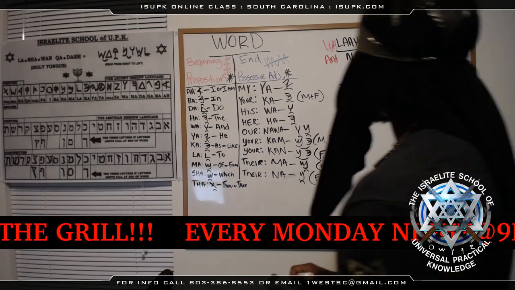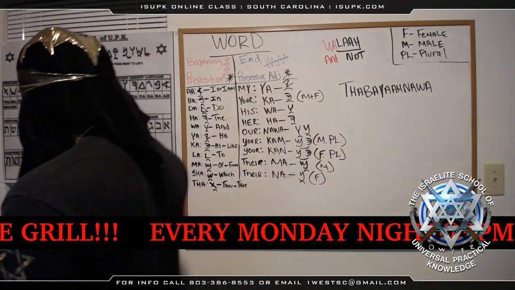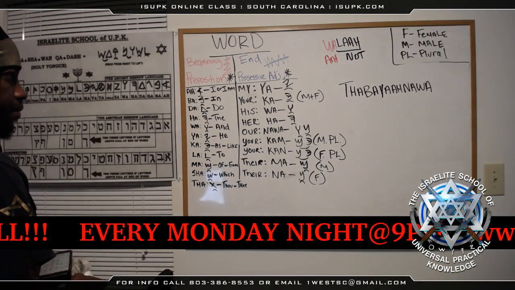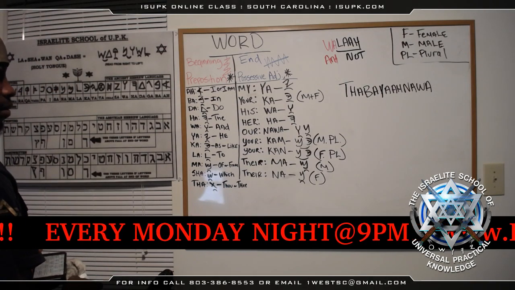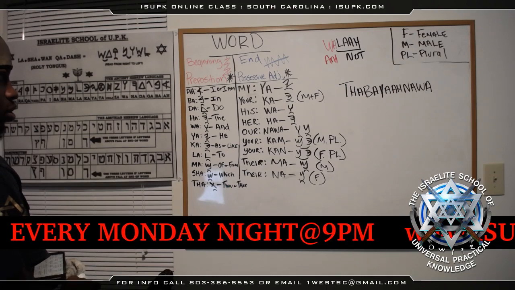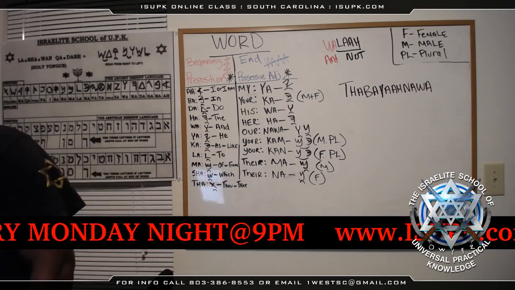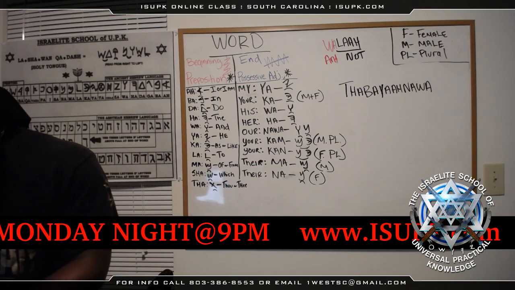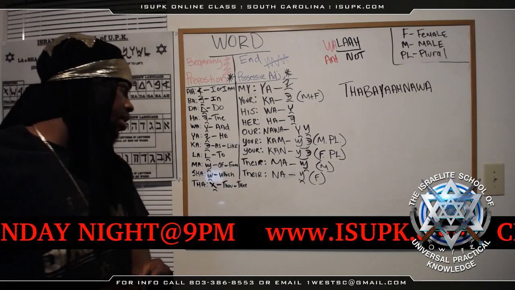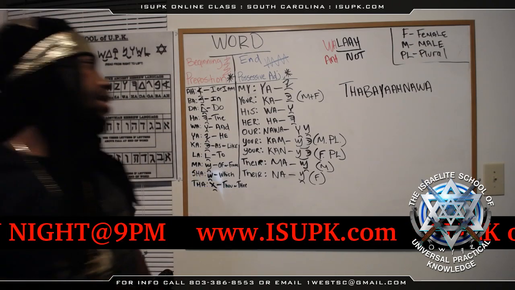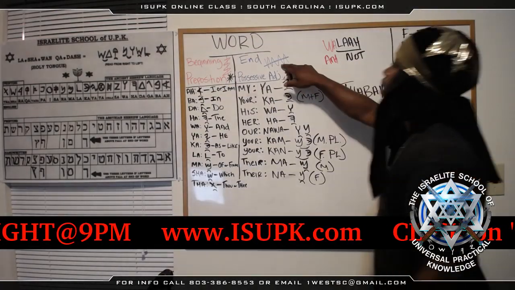We have something that looks very familiar right there, right? Something that looks very, very familiar. It's the word nawa. Nawa is there, and nawa means what? What kind of word is nawa? Nawa is a possessive adjective.